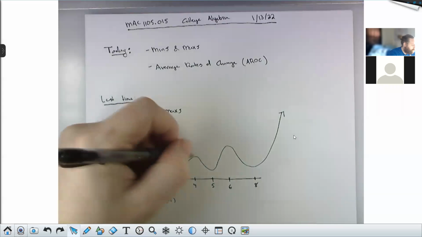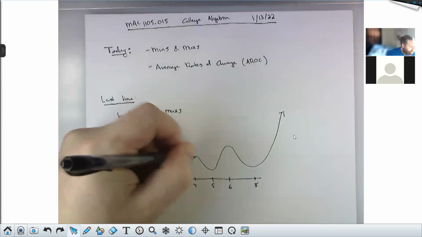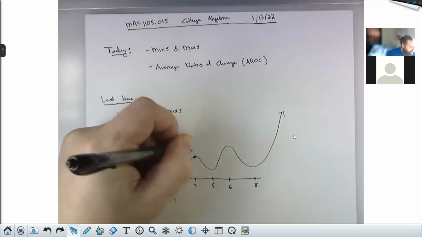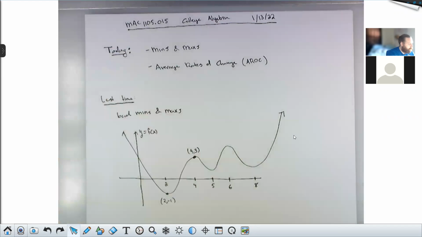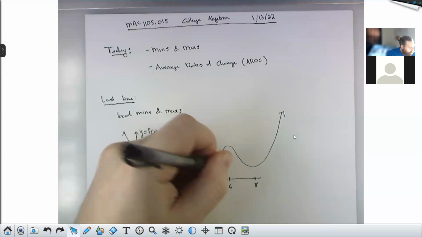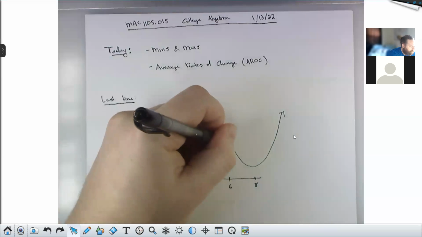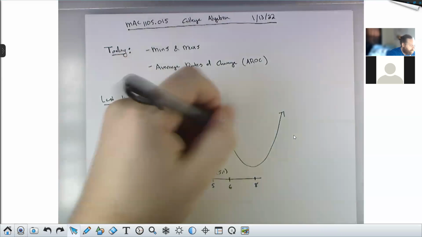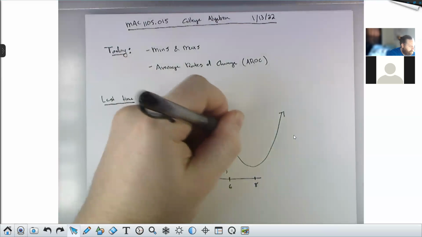it's (2, -1). Right here is (4, 3). Right here is (5, 1). Point right here is (6, 4).